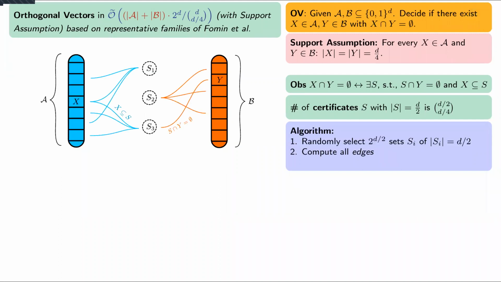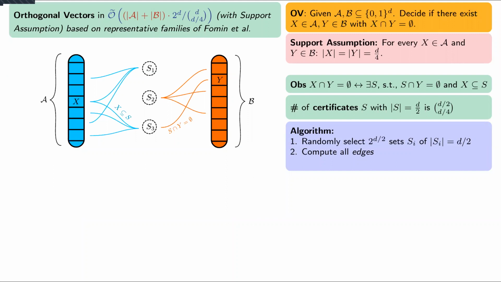I will add an edge between the set X and set S if and only if X is contained in S. So for every set X, I will iterate, look at which sets S contain it, and add them to my graph.